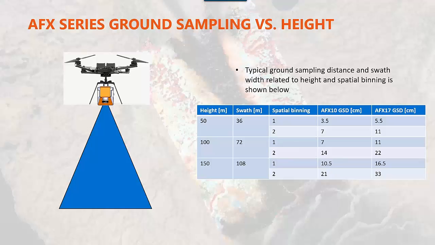And when you fly higher, depending on the altitude, your GSD values are from 7 to 33 centimeters. So the GSD is changing linearly as a function of height. We always provide a spreadsheet for calculating these values accurately for each system.